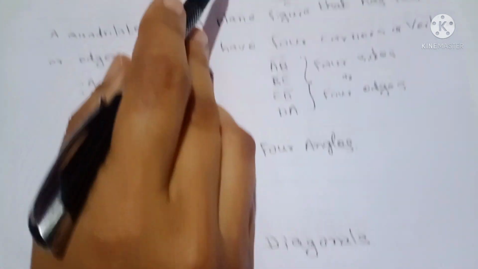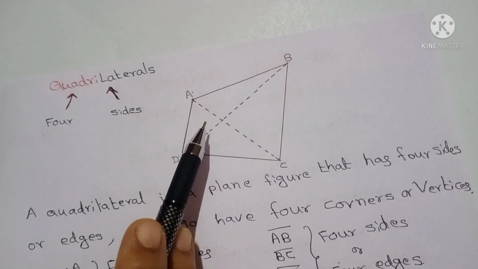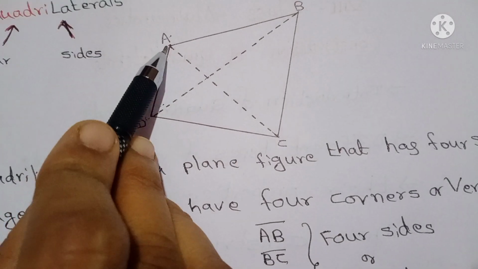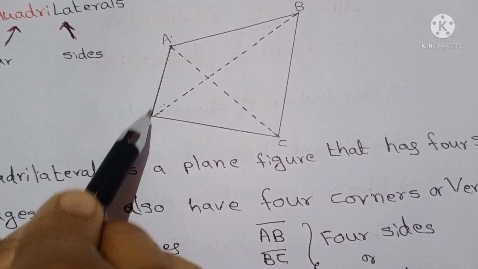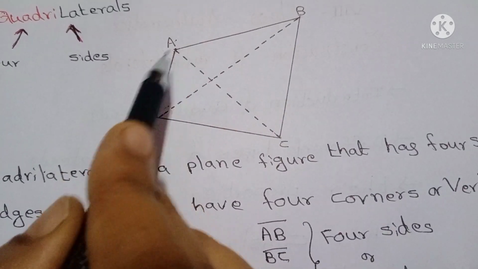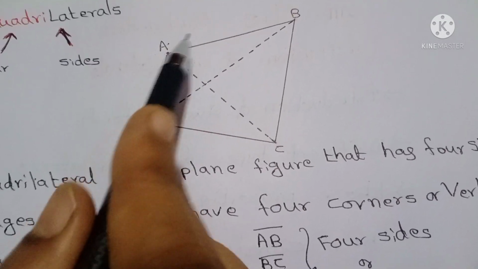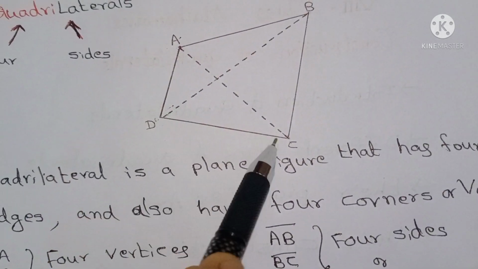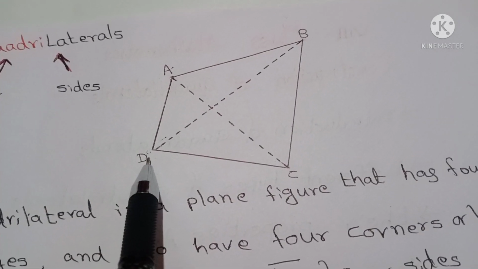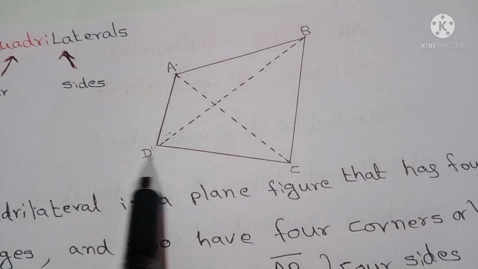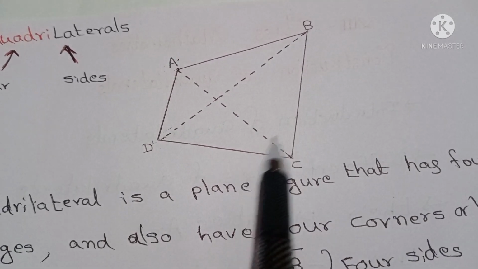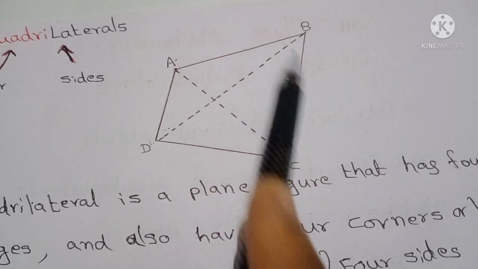And a quadrilateral has 4 pairs of adjacent sides. Adjacent means AB, AD are one pair of adjacent sides. AD and DC are another pair of adjacent sides. DC and BC are one more pair of adjacent sides.